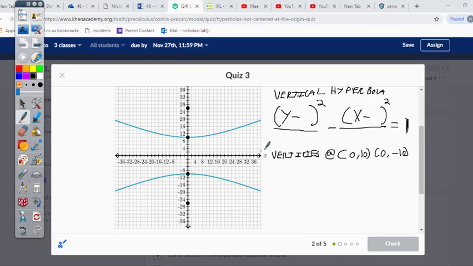All right. You also have, note that the center is going to be the average of the two values of the vertices, okay?